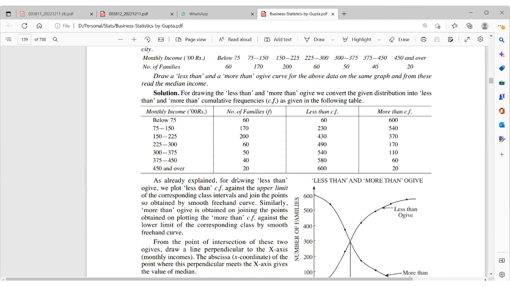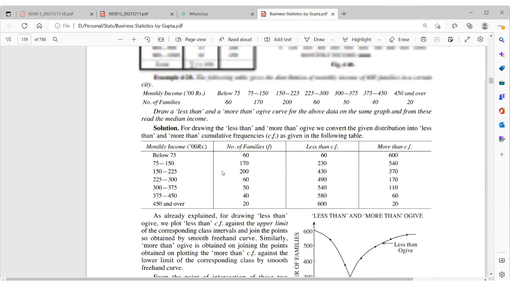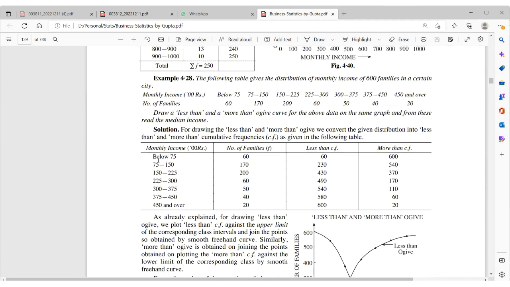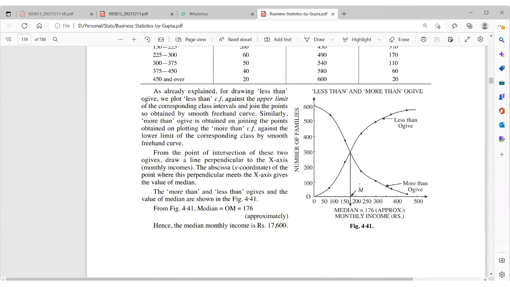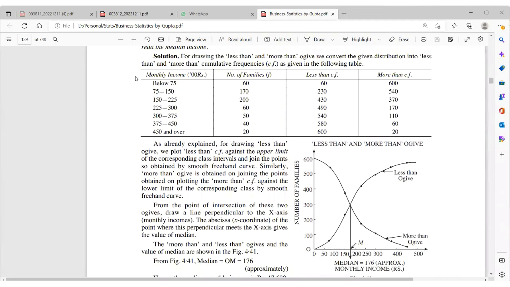So we do less than and more than. There is a difference of 75 in each case, right? In the similar way, less than 75, less than 150, and so on, we make a less than CF. Similarly, more than 75, and we make a more than CF. The x-axis is the monthly income and the number of families is on the y-axis.